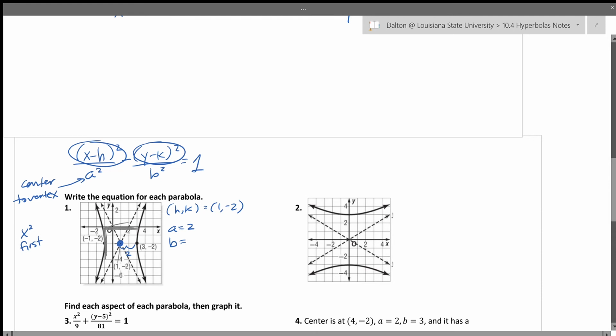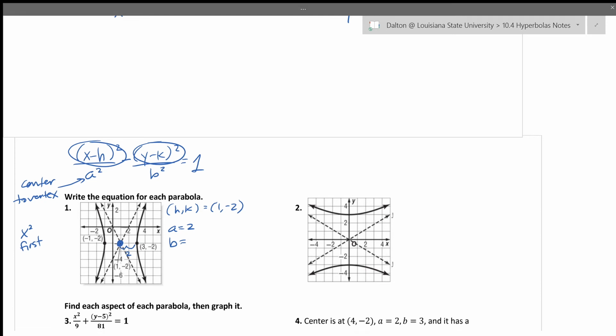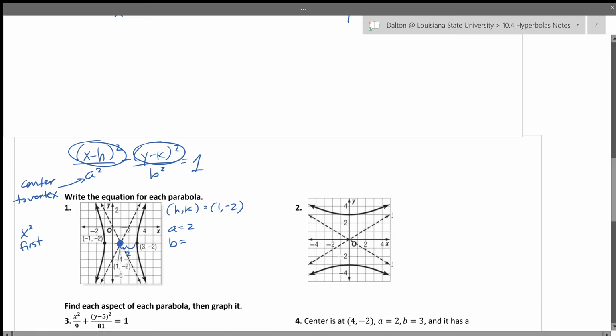What's wrong with this gray rectangle is that its vertices don't touch the asymptotes. So when you draw the rectangle to figure out your conjugate axis, you need to draw it in such a way that your rectangle has 4 intersections with the asymptotes.